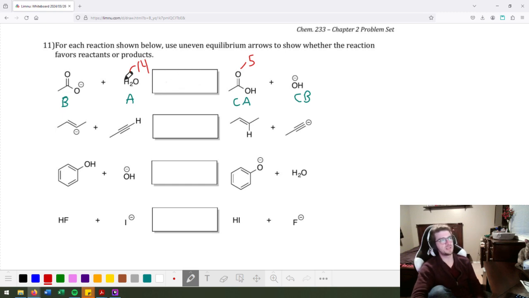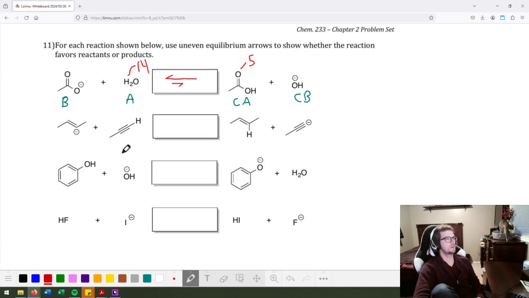That means the equilibrium will favor the side with the weaker acid, which in this case is reactants. So we're going to draw the big equilibrium arrow pointing towards the reactants and a small one pointing to products.